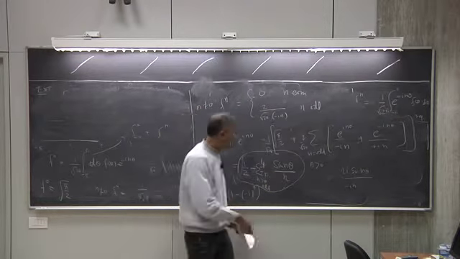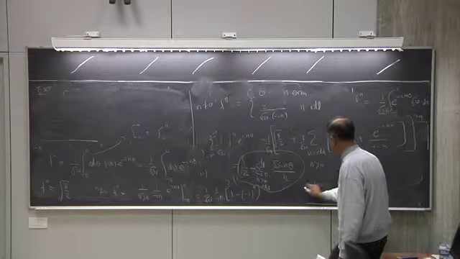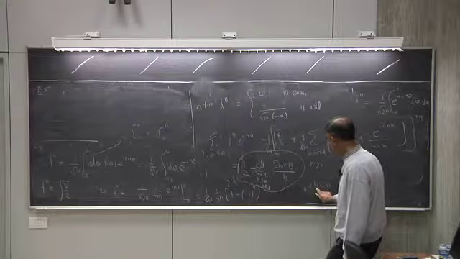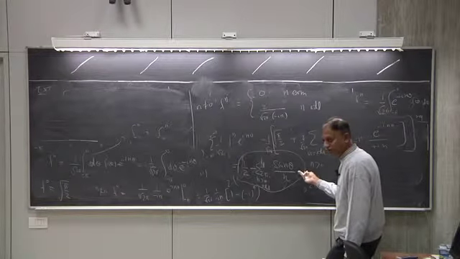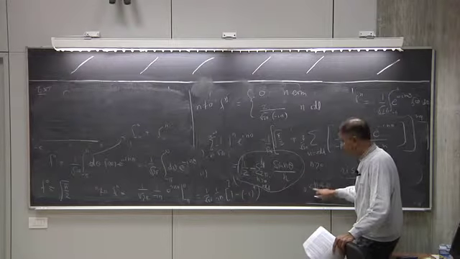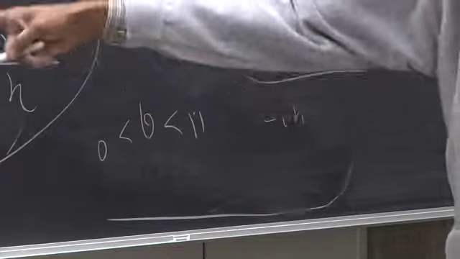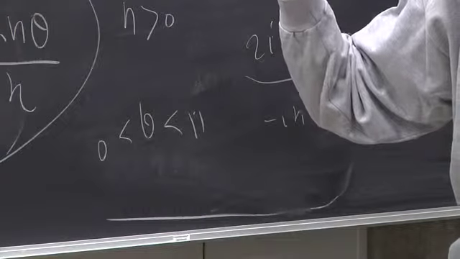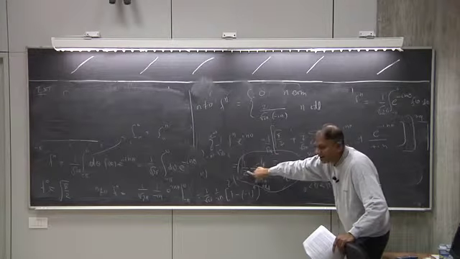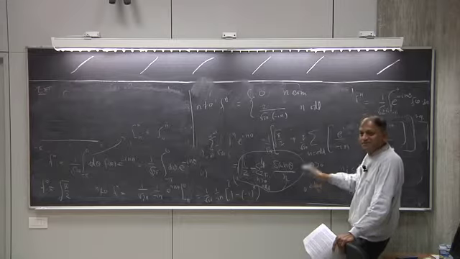For example, if theta is strictly between 0 and pi, where it is continuous, there f is 0, right? So that means this sum should become independent of theta in this range, because for any value of theta in this range, the answer is fixed, a constant, 0. So what it says is that this sum should give you exactly half to cancel that, independent of theta.